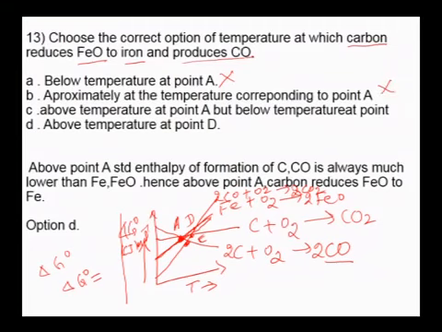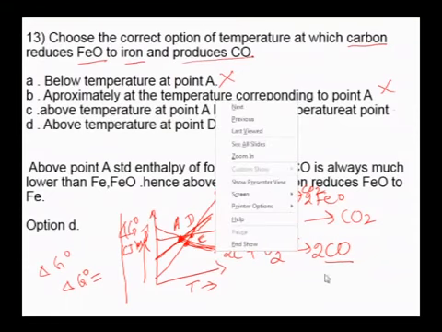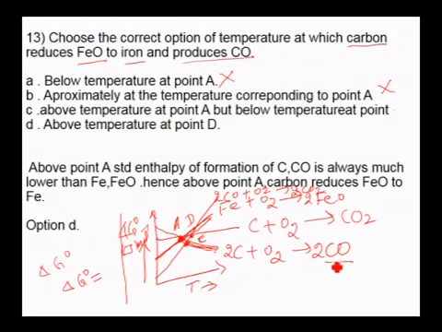Let us see the next option, above the temperature at point A but below the temperature at point D. Above means this region. At this temperature, the standard free energy of formation of CO is less than the standard free energy of formation of FeO. Hence, the iron oxide is reduced by carbon.